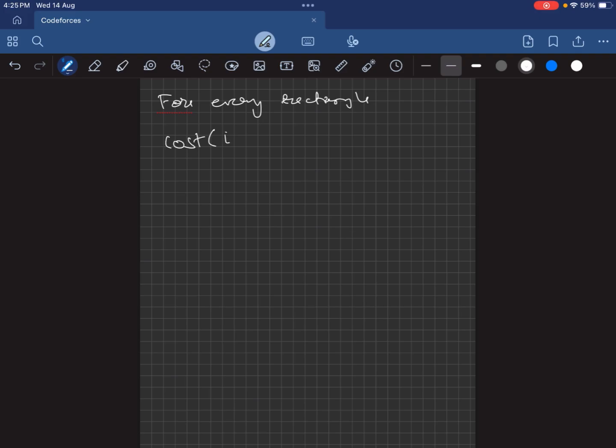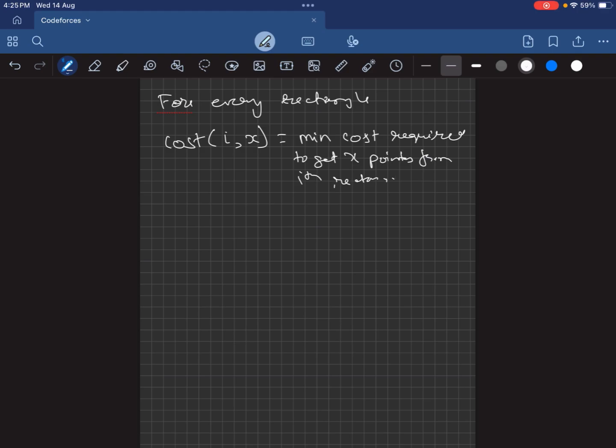Cost of i comma x will basically tell us what is the minimum cost, or minimum operations, required to get x points from the ith rectangle.